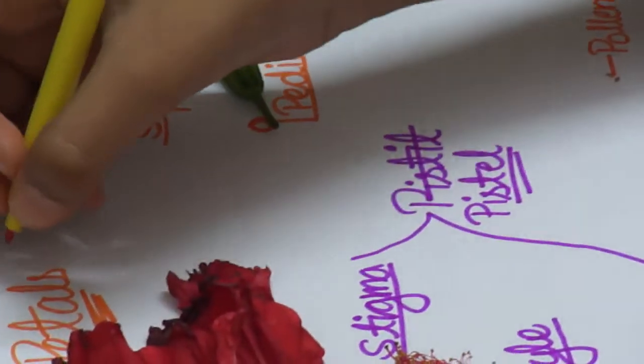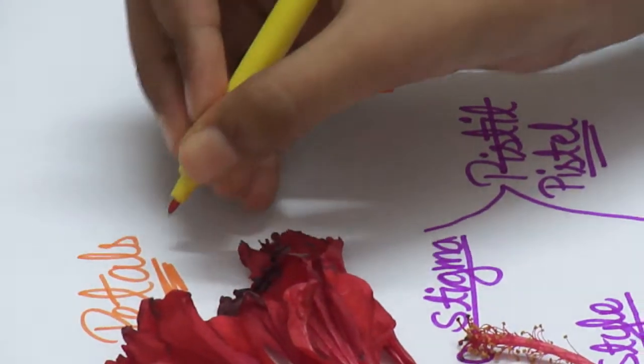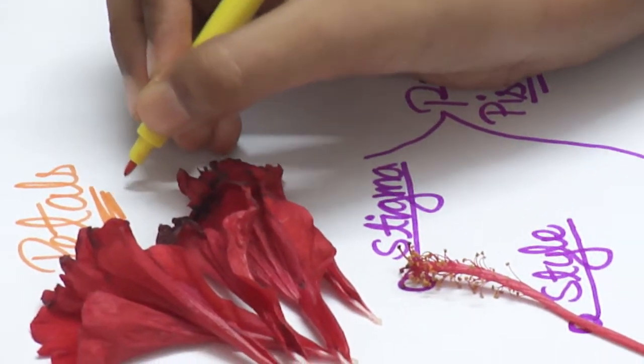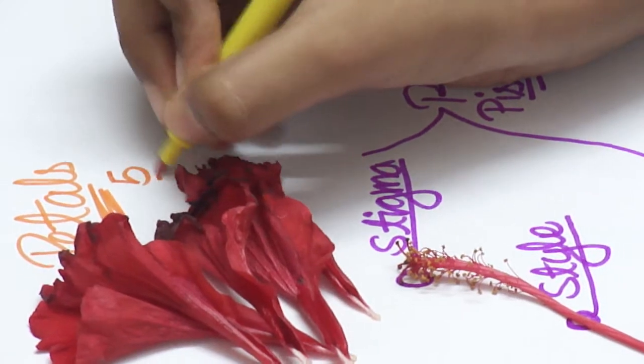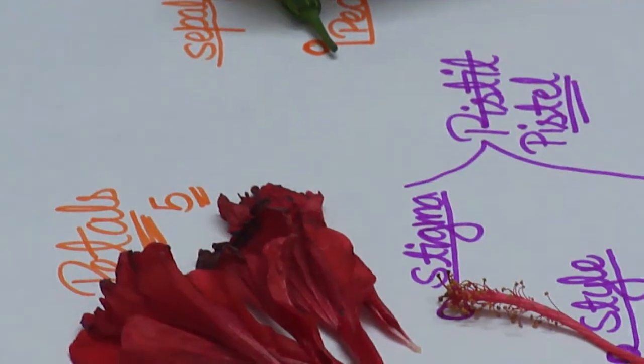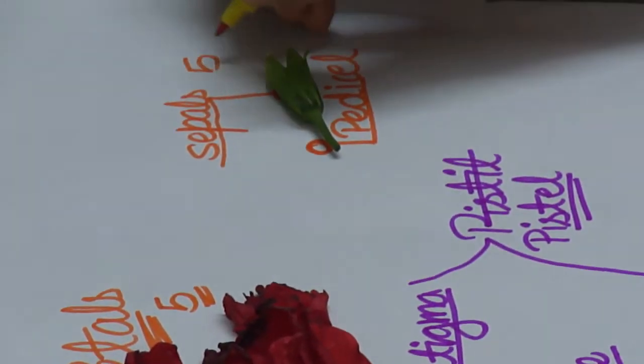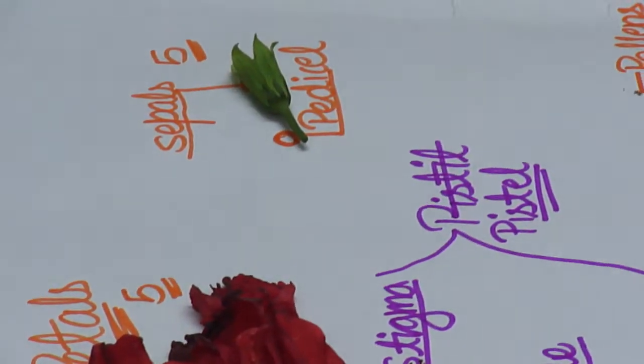And one more thing I want to write is, what is the number of the petals? We had counted that out. Remember that? 5. 5 petals and 5 sepals. Same.